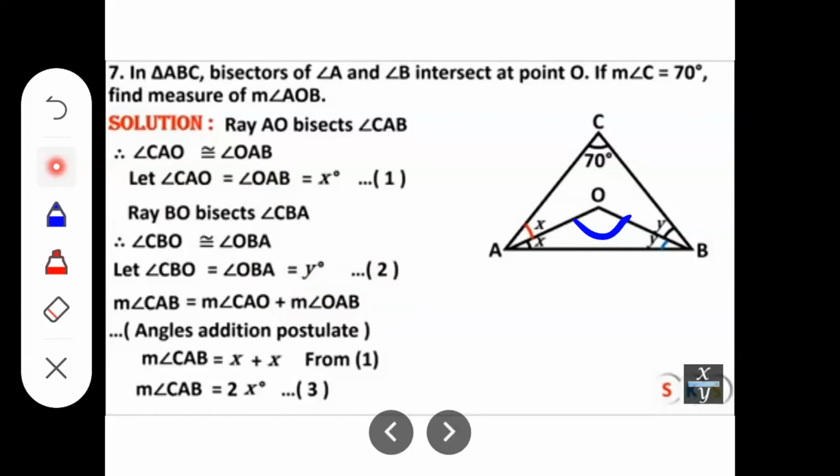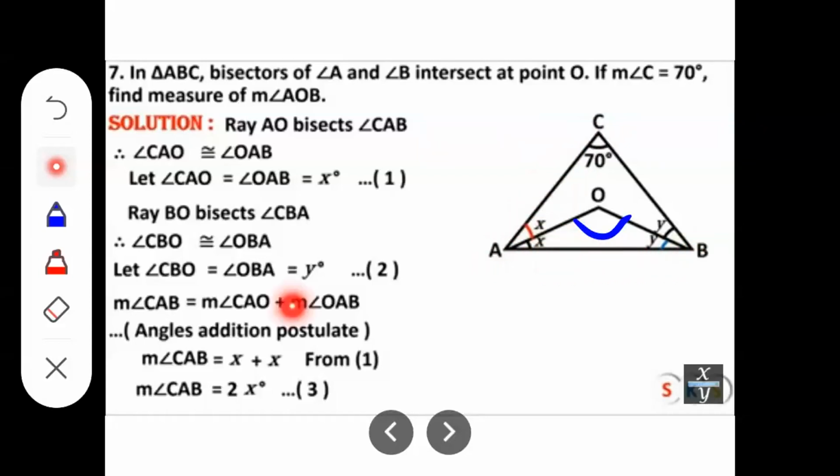Now see here, angle CAB, the complete angle CAB, will be x plus x. So write the names of those two angles. The complete angle equals those two angles.